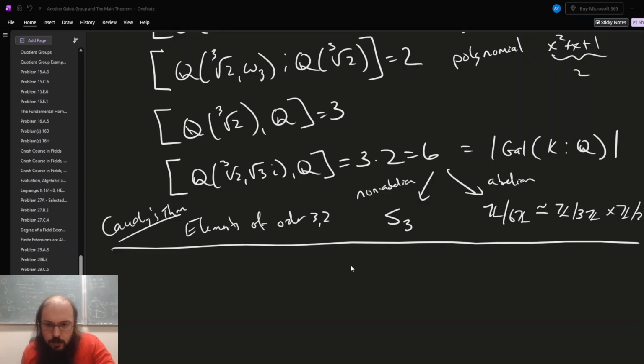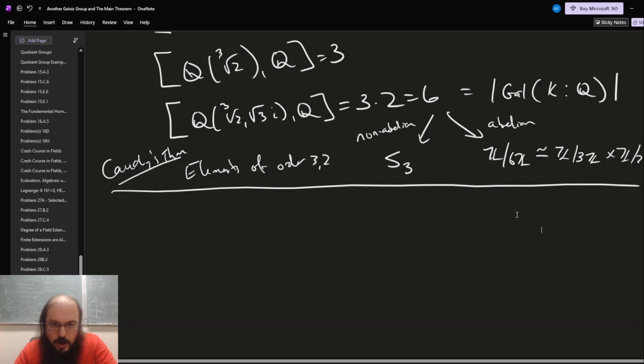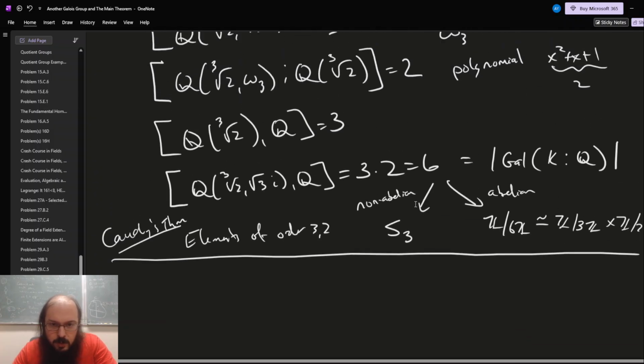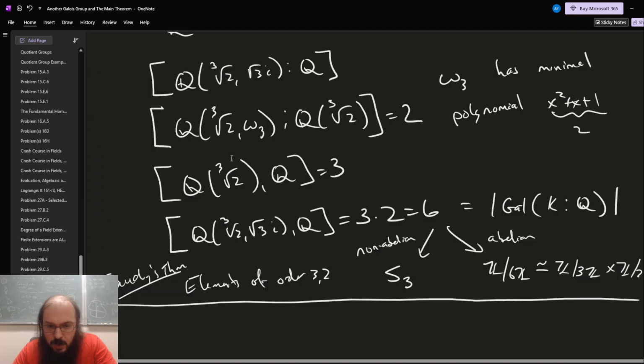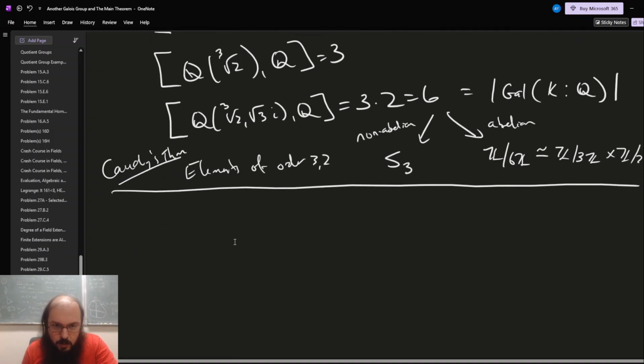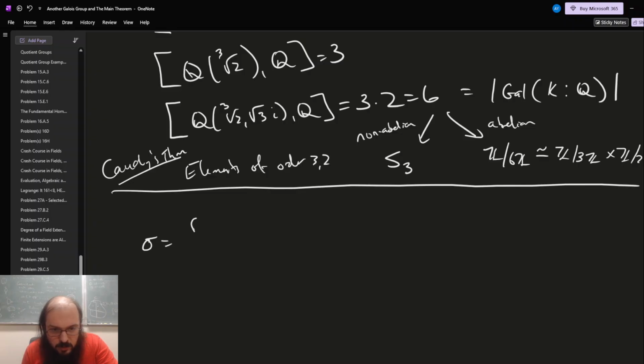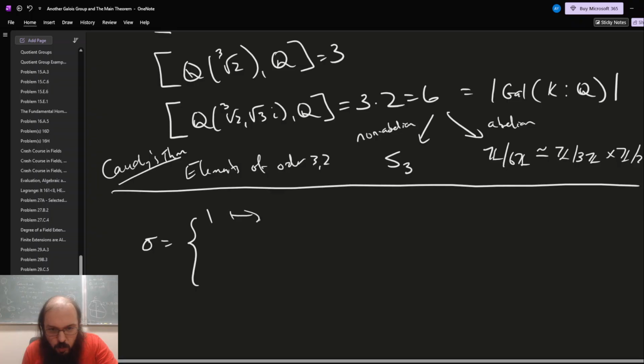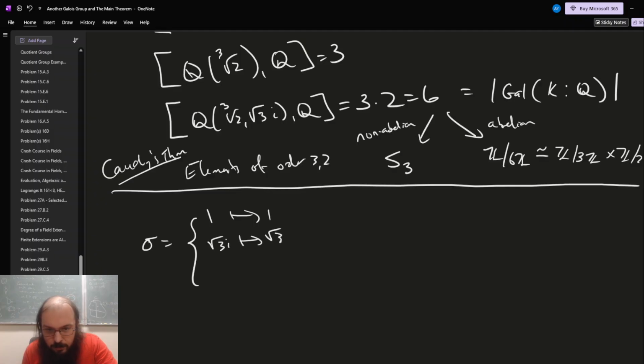Okay, so towards the automorphism of order 3, we know that what we should do is look at something involving the cube root of 2. So let's call this automorphism sigma. It should send 1 to 1. It should fix the square root of 3i, because we're not interested in that right now.